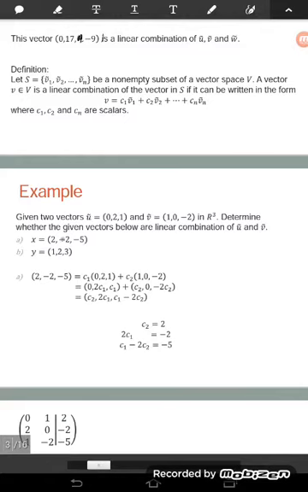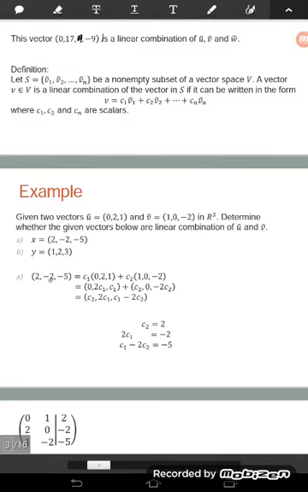Okay, so first A, 2, negative 2, negative 5. Okay, so kita nak check this 2, negative 2 and negative 5, this one is a linear combination of u and v or not. Okay, so from the definition of linear combination, we write down as this one.